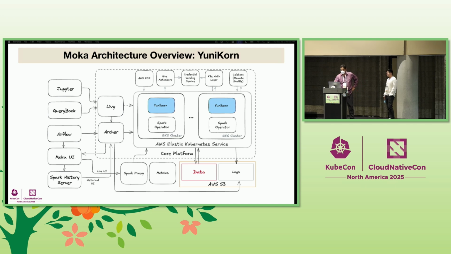And that will take the resource requests, assign the right queue. And Unicorn, by the way, is an open source batch scheduler for Kubernetes that we use extensively. Unicorn will then actually assign the right resources, find the right queue, and then get the job running.